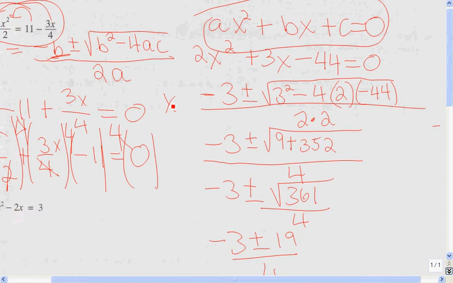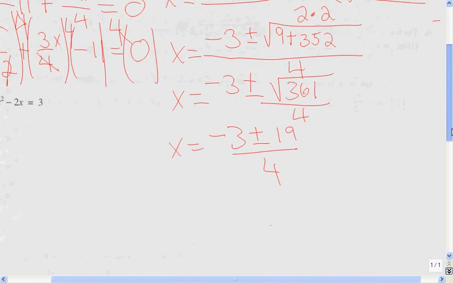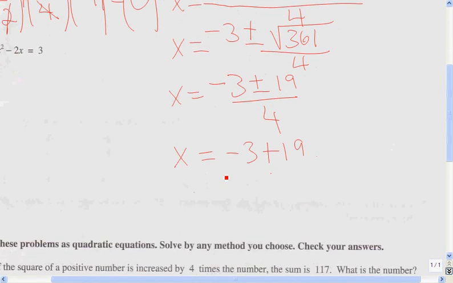Now I'm going to do the positive 19 first. So x equals negative 3 plus 19, which equals 16 over 4. x equals 4. So my first answer is x equals 4.